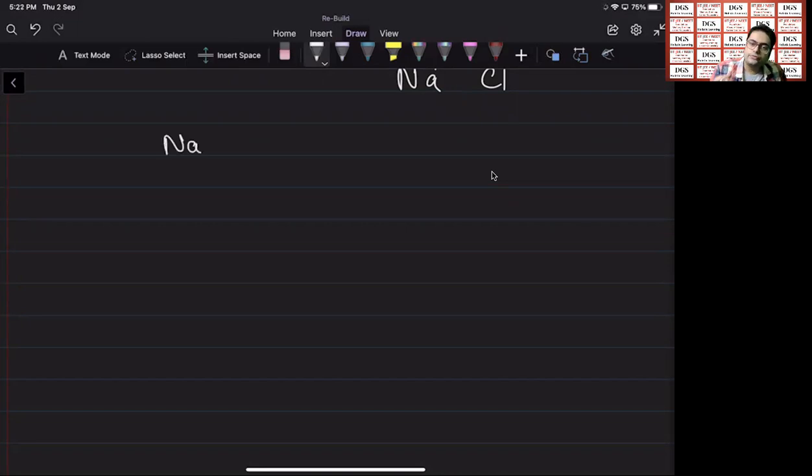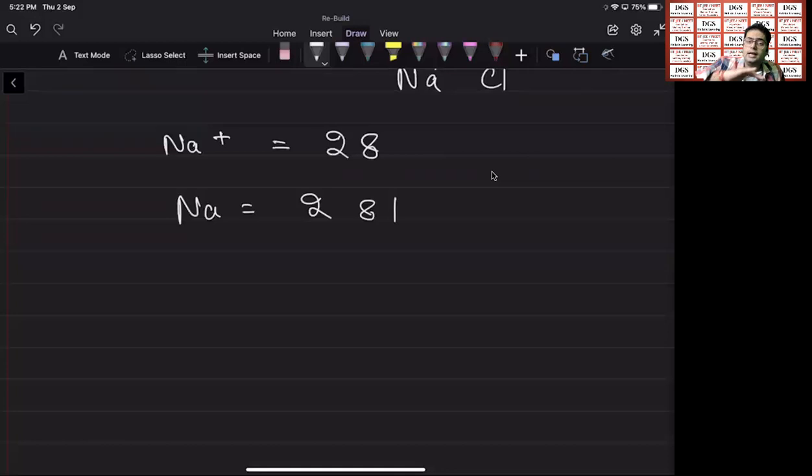But for sure, what we can say is that the radius of the cation, that is of Na+, must be smaller than that of the neutral sodium atom. And why is it so? The neutral sodium atom will have a shell configuration of 2, 8, 1. The cationic sodium is 2, 8.